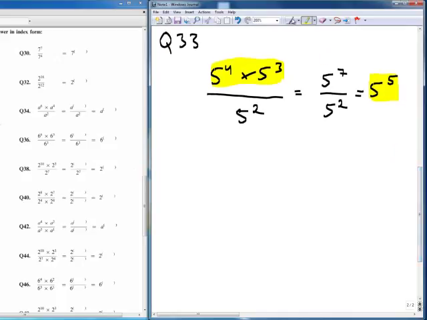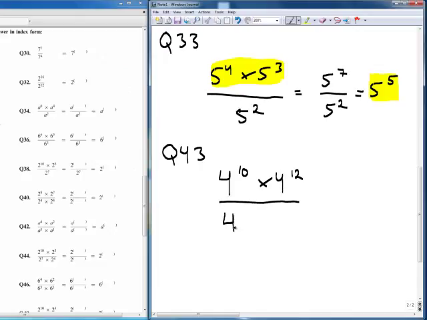How about another one? Can we find a tricky one? How about question 43? It looks like this. 4 index 10 times 4 index 12 over 4 index 7 times 4 index 11.